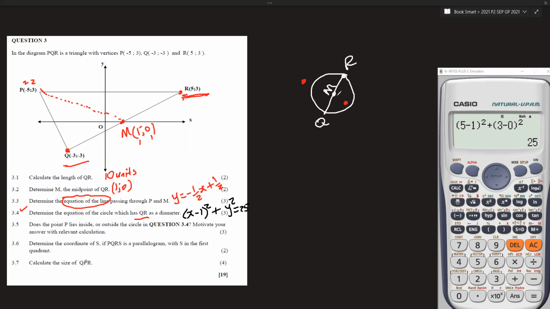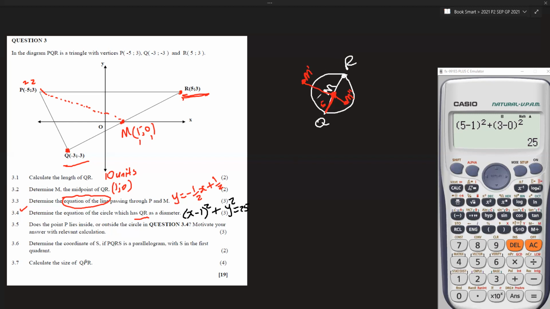So I'm going to do the distance. Let's call this point M with 2 dots, and this one M with 1 line. I'm going to do the distance from this M to that M. We can easily see that the distance from here to there is our radius, which is 5 units in this case.